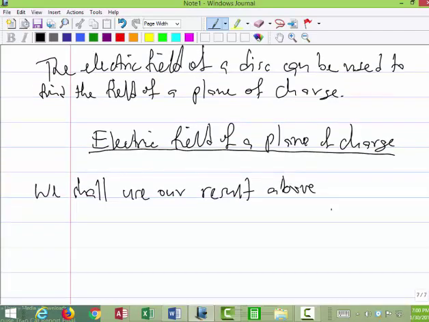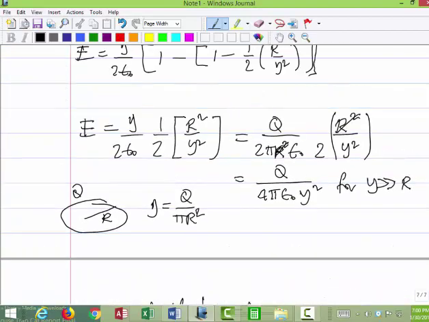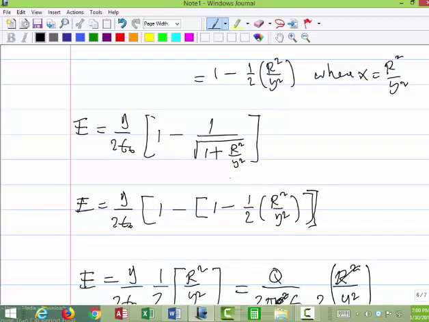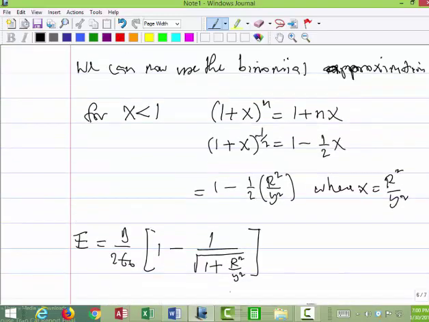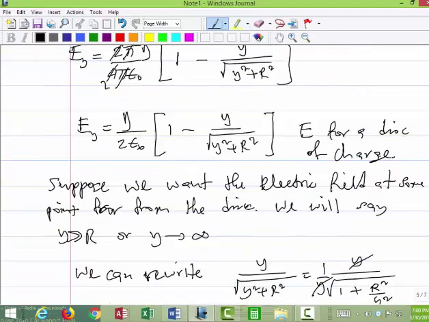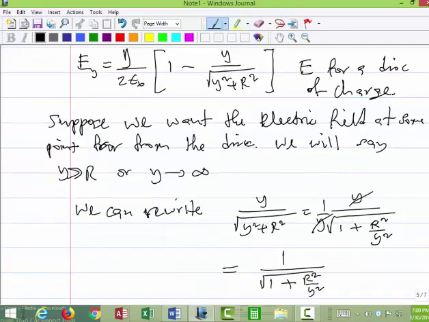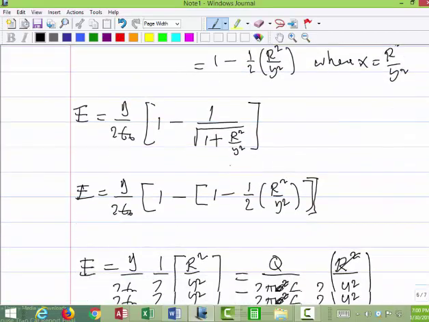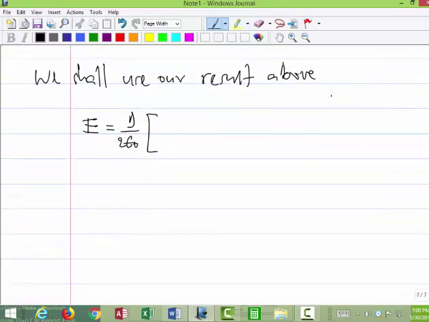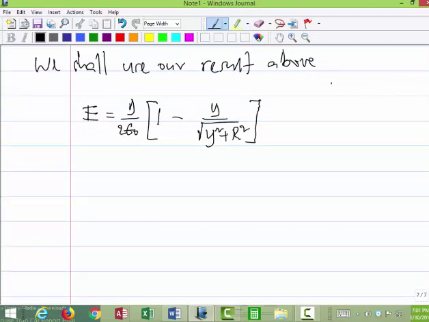Our result is that the electric field of a charged disk is equal to eta over 2 epsilon naught times 1 minus y over the square root of y squared plus r squared. So this was our original electric field for a disk of charge.